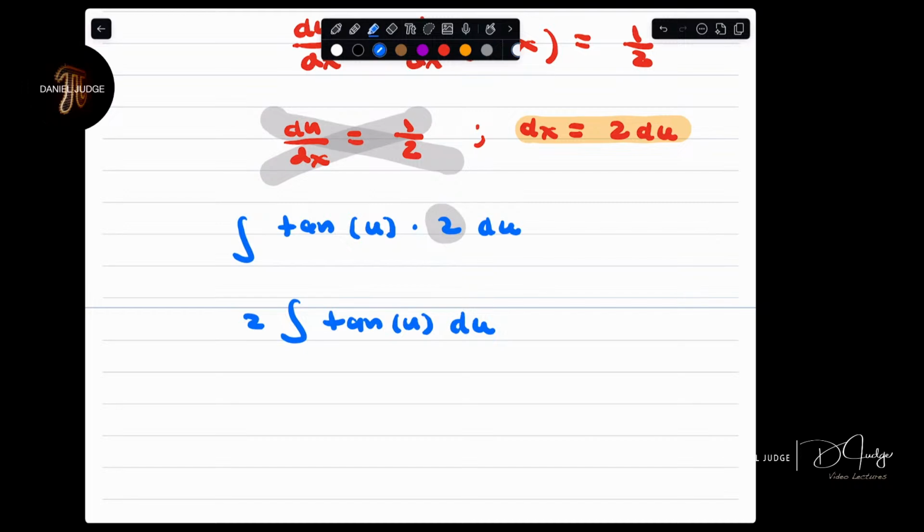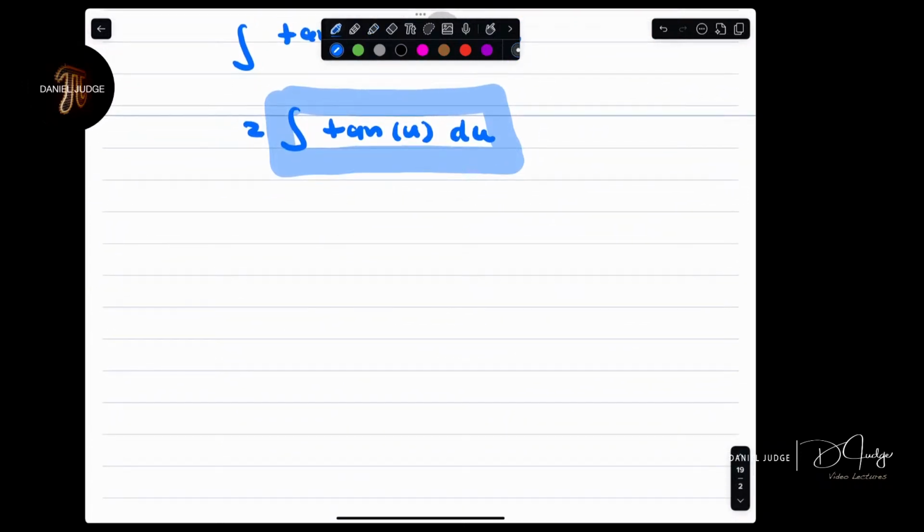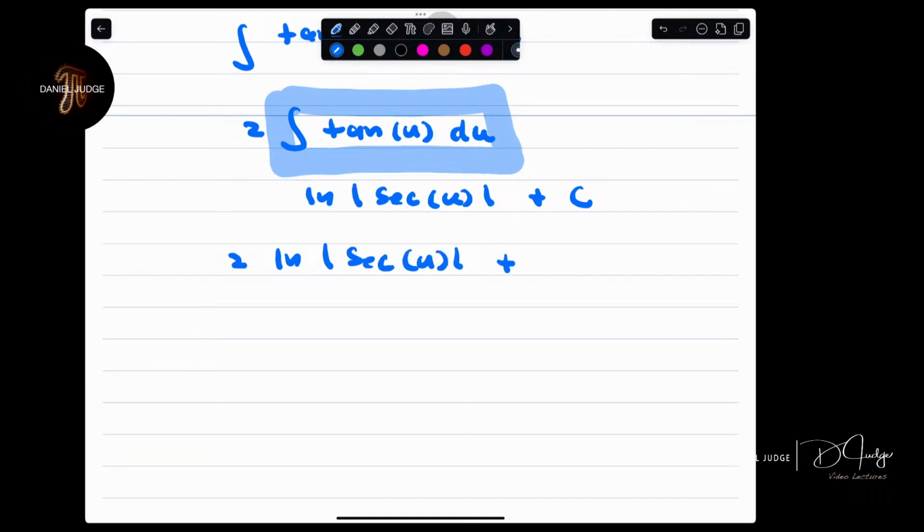Apply your u sub formula. So when you integrate tangent now, and you apply that formula, we pulled out the constant. So natural log, absolute value of secant of u plus c. So we get 2 natural log, absolute value of secant of u plus c.